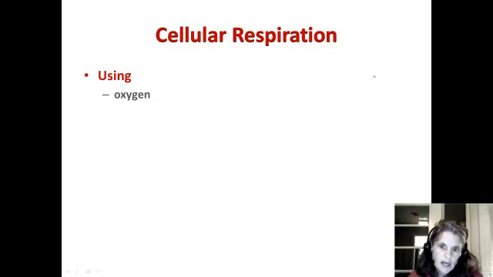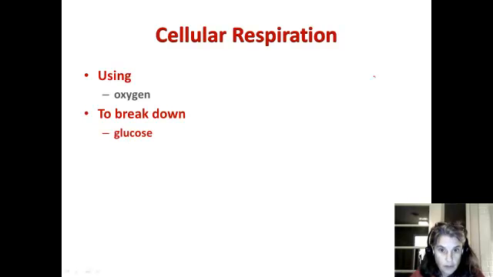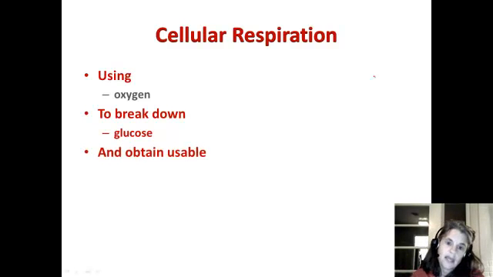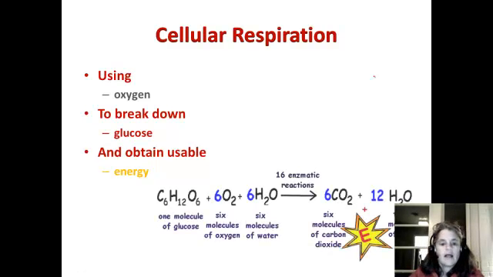It is using oxygen as a tool to break down glucose, food, and as we break that glucose down, to obtain a usable form of energy. Okay? Now, this is the equation for that, and it should strike you pretty immediately that this looks really, really similar to photosynthesis, but it's just flip-flopped.